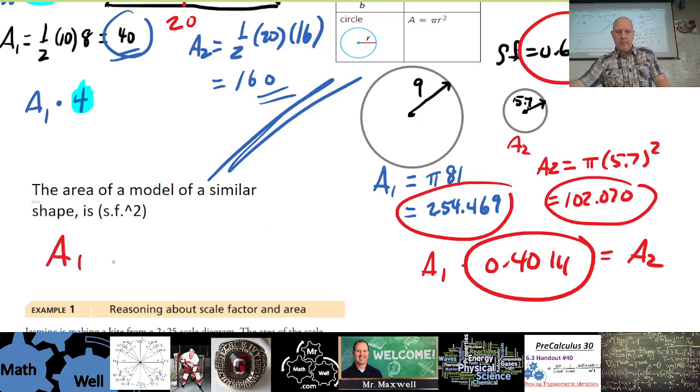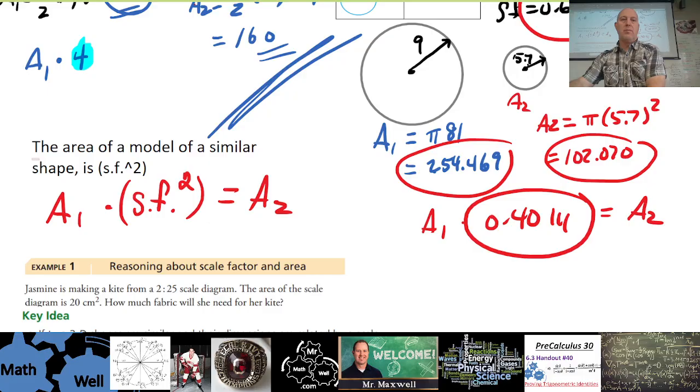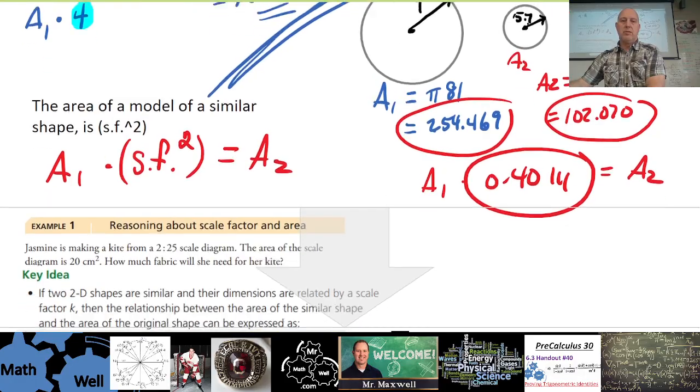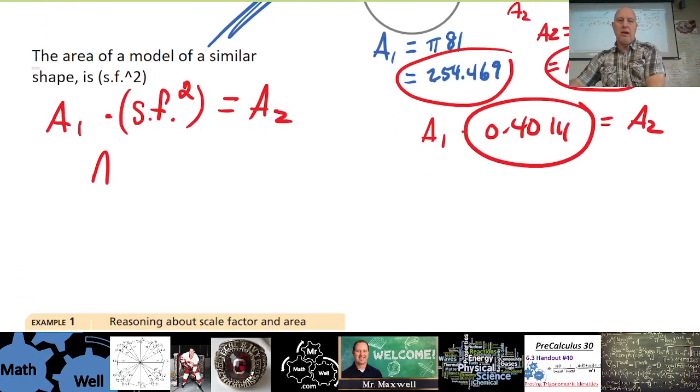So area 1 times scale factor squared equals area 2. Or another way to write that is the ratio of the areas: area 2 over area 1 is the scale factor squared. This is the diagram, or the model, and this is the original.